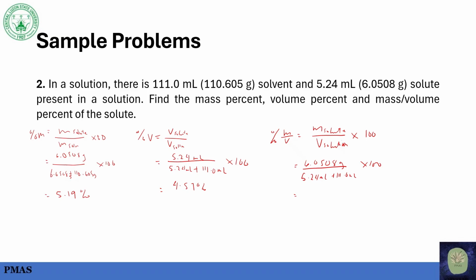So the percent mass by volume using a calculator is 5.21%.